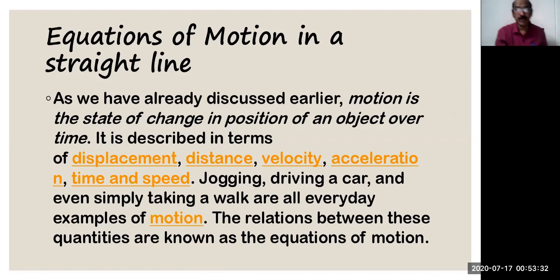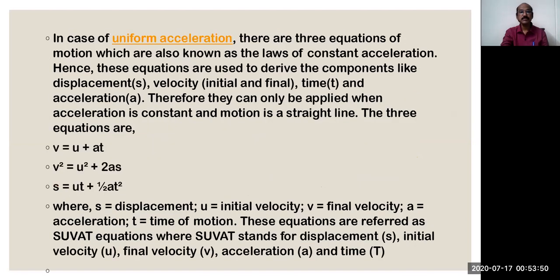Jogging, driving a car, and even simply taking a walk are all examples of motion. The relations between these quantities are known as the equations of motion. In case of uniform acceleration, there are three equations of motion, which are also known as the laws of constant acceleration.